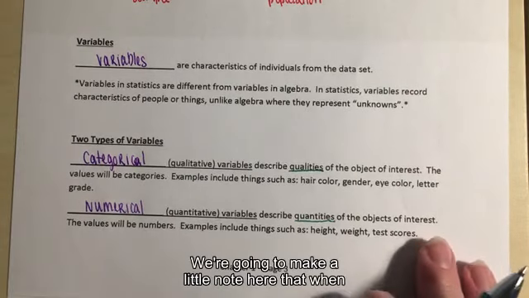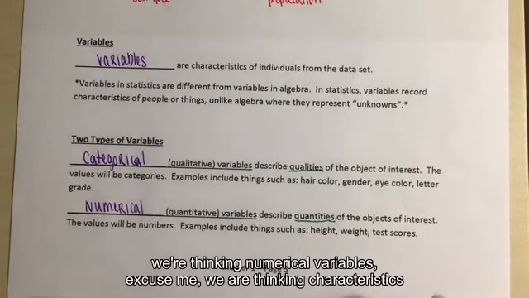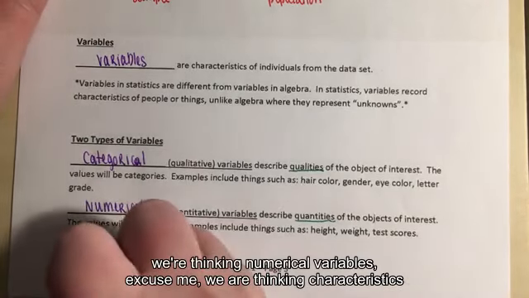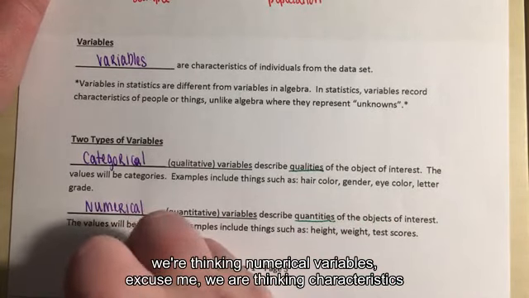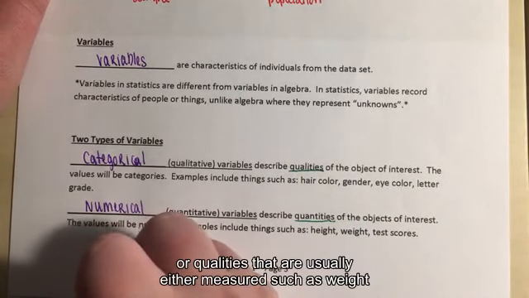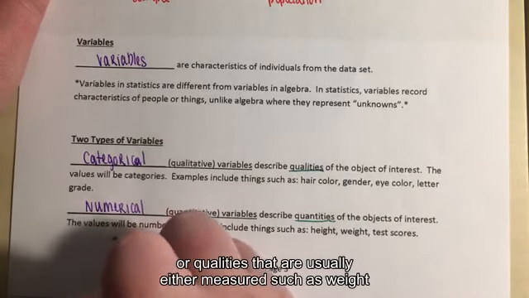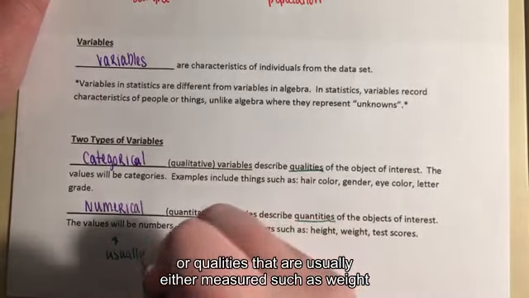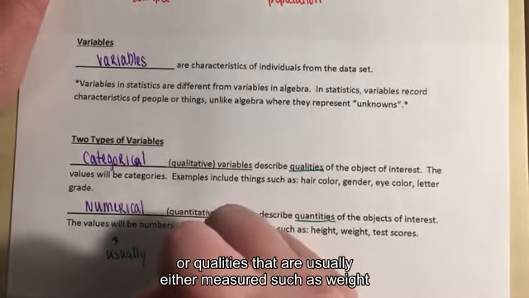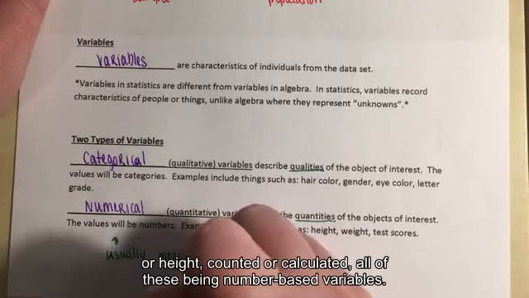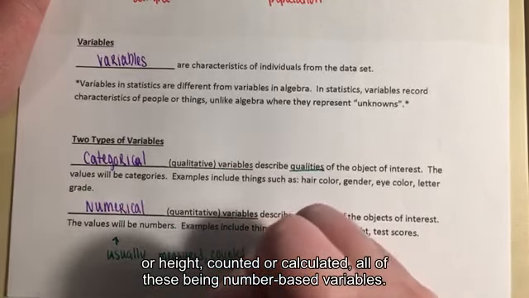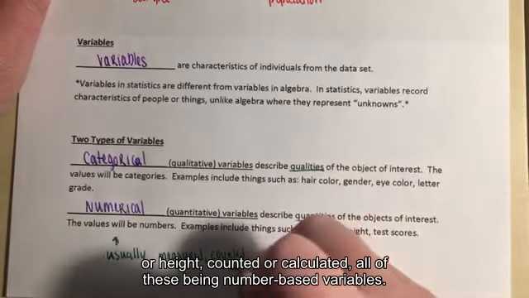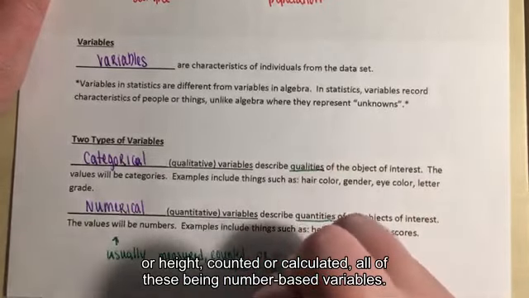We're going to make a little note here that when we're thinking numerical variables, we are thinking characteristics or qualities that are usually either measured, such as weight or height, counted, or calculated.